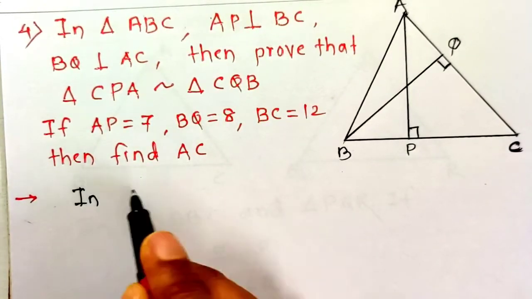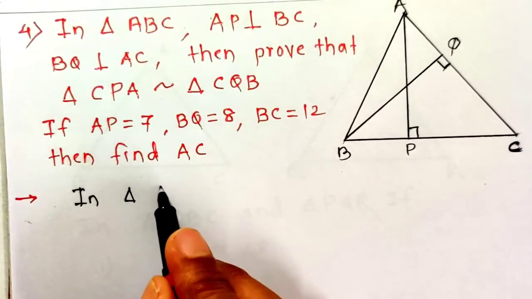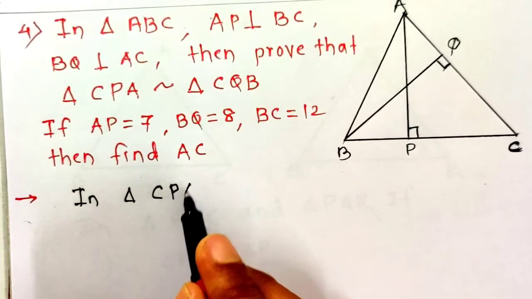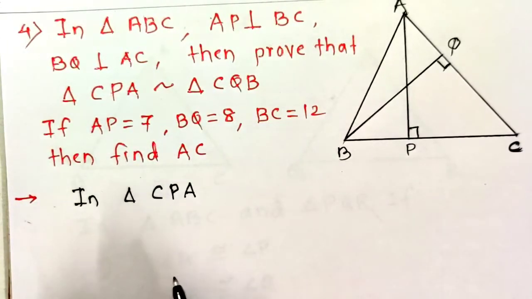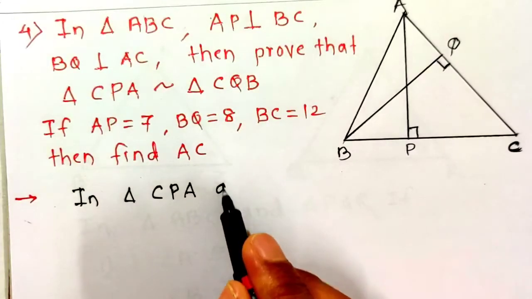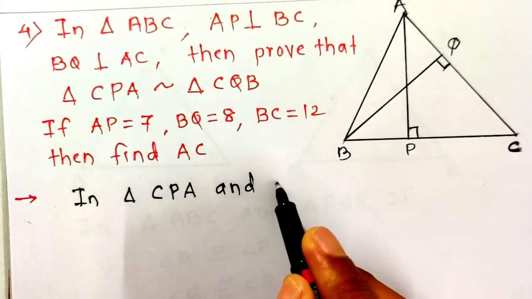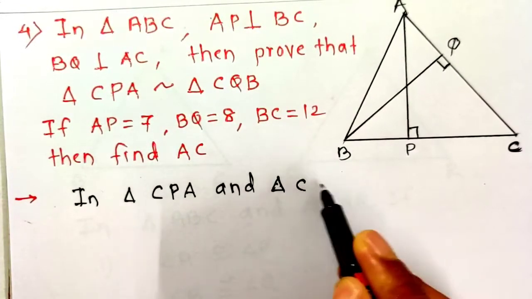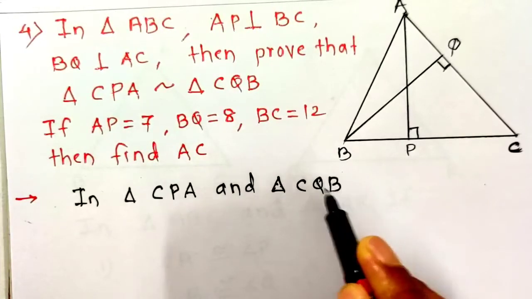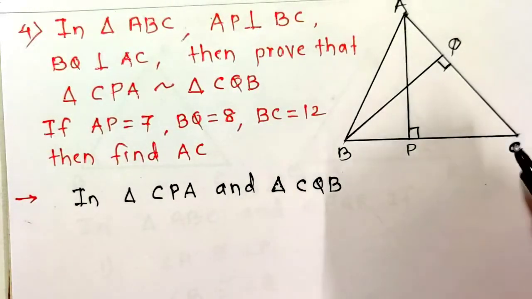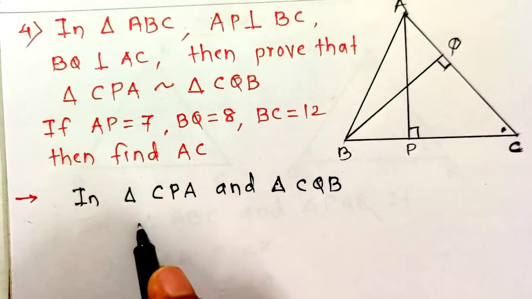Now if we observe these triangles, so write the names of the triangles, then we get the idea. In triangle CPA and second triangle CQB, C is the common vertex, that means C is the common angle for both the triangles. So what can we write?